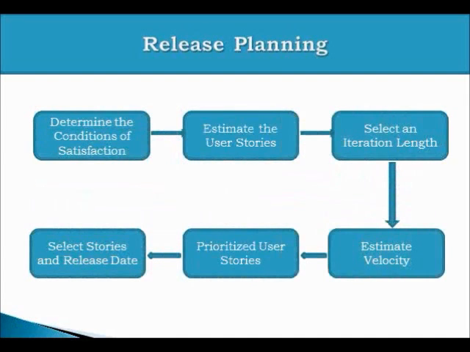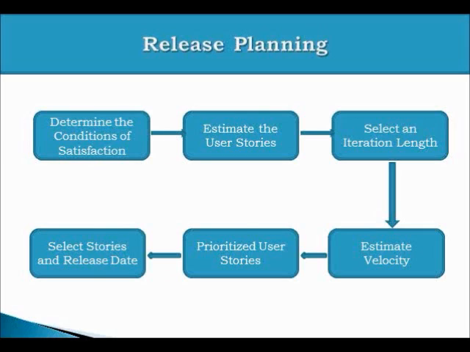Now these are the steps. First, we determine the condition of satisfaction. Then we estimate the stories. Then we select an iteration length. These are not serial steps. They can happen in parallel or in iteration. So the selection of an iteration length also has a relationship with estimating the velocity, because iteration length and velocity are in some way related to each other.